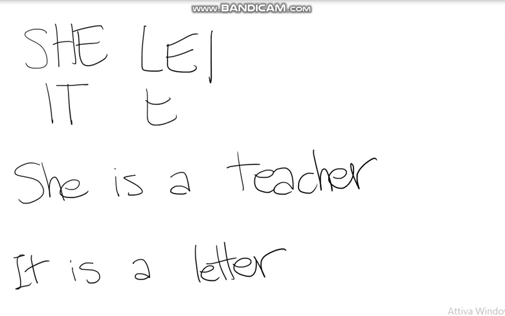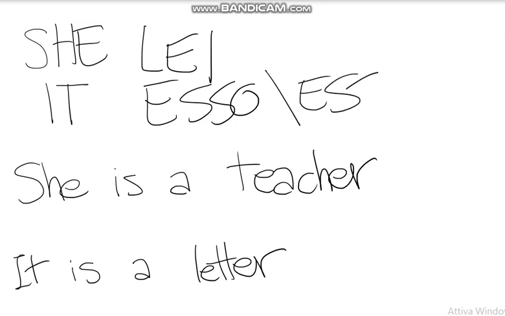For it, we say esso or essa, because words in Italian have gender, masculine or feminine, and so esso is for masculine words and essa for feminine words. But I will do another video about genders in Italian. So for the moment, just learn the pronouns and the conjugation.